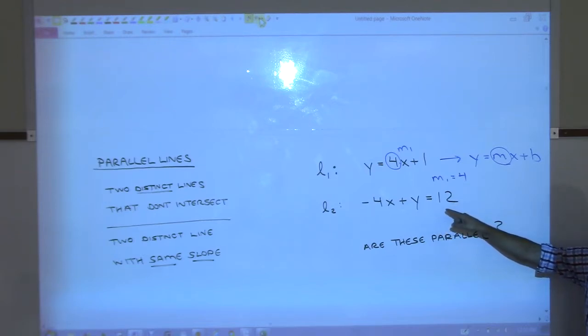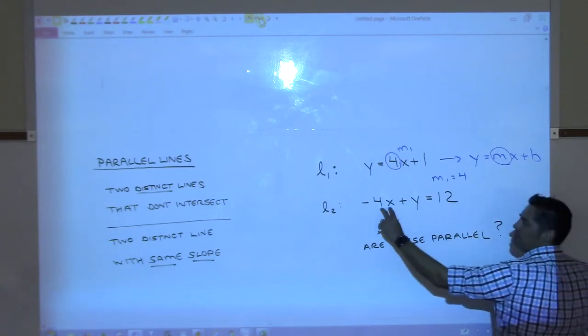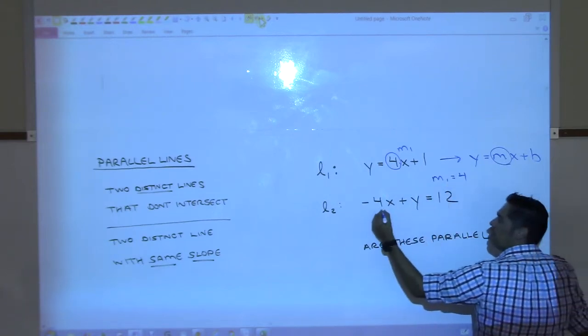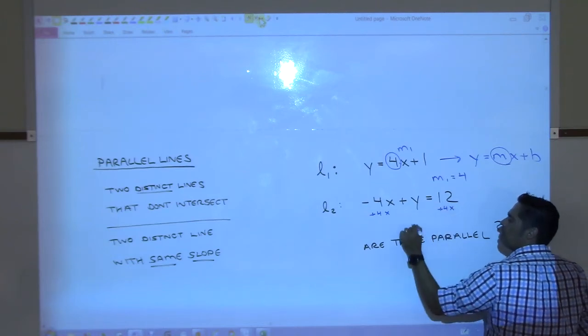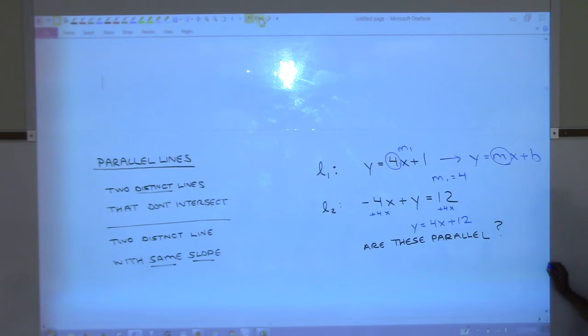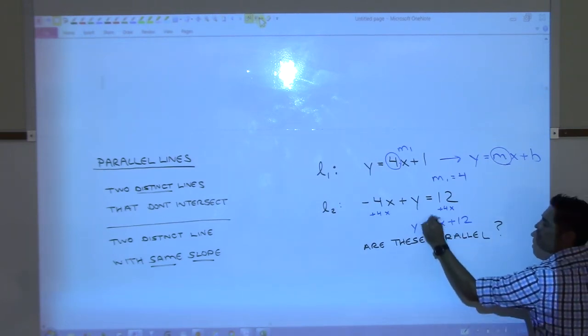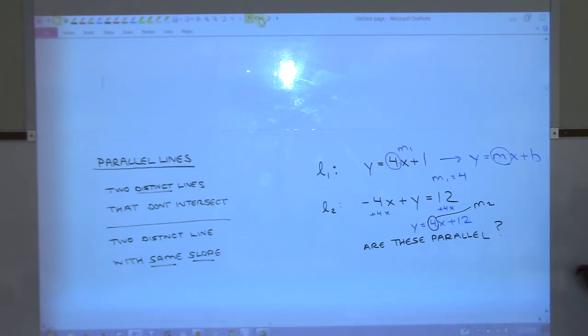But first you have to make it look like y equals mx plus b. So you have to get this on the other side. When you move that to the other side, you add it, and you'll get y equals 4x plus 12. Right? So they have the same slopes. This right here is the slope of our second line, and they're equal to one another.